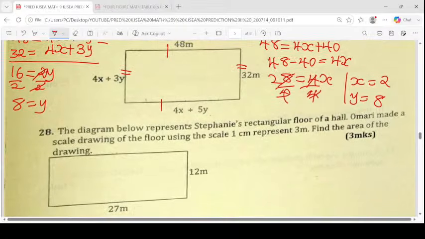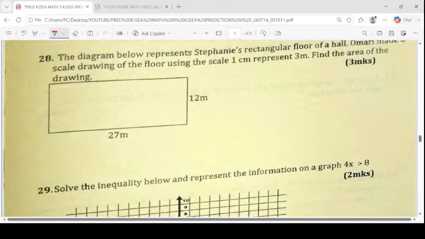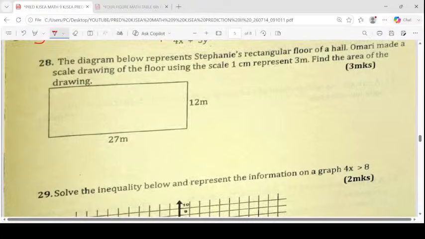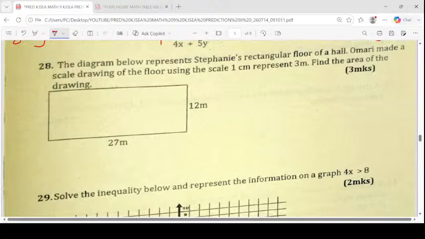Let us look at question 28 now. The diagram below represents Stephanie's rectangular floor of a hall. Omari made a scale drawing of the floor using a scale 1 centimeter represents 3 meters. Find the area of the drawing.